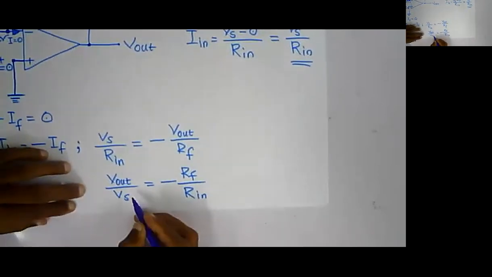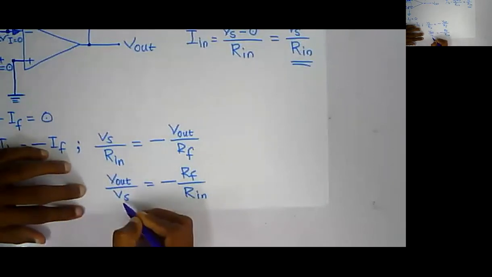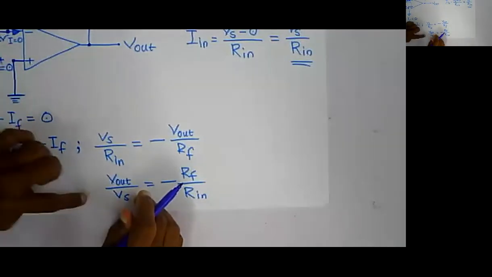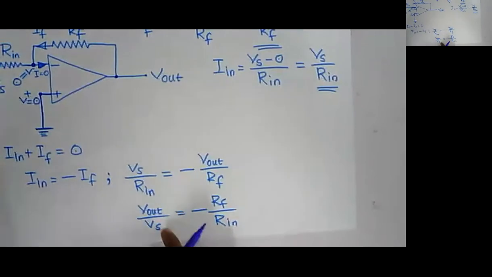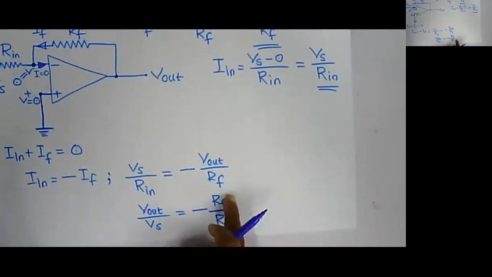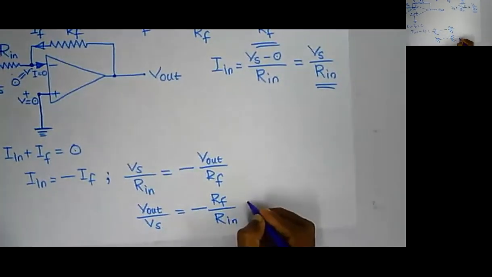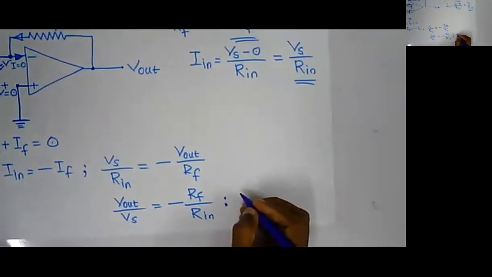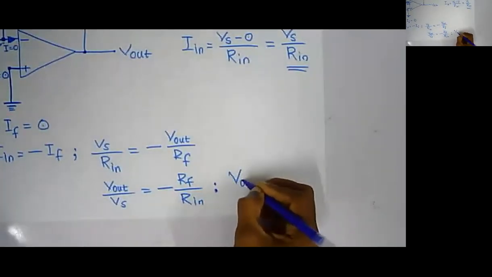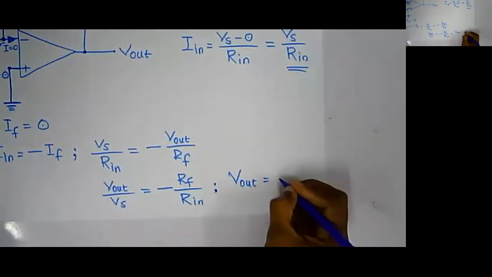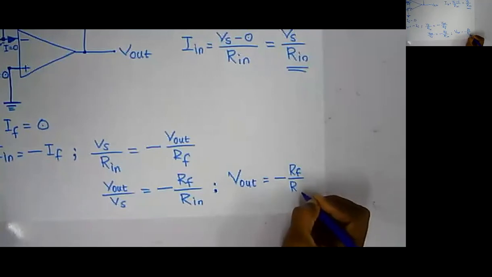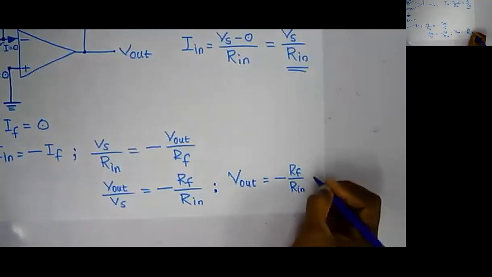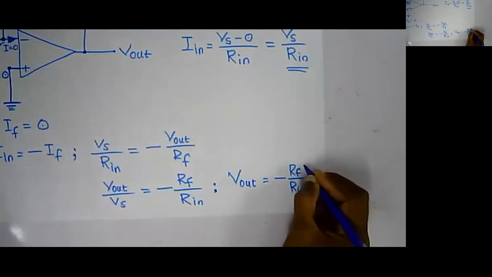In other words, V out by Vs, the output voltage by input voltage, which is the voltage gain, is equal to minus Rf over R in. Or simply, V out is equal to minus Rf by R in into Vs.